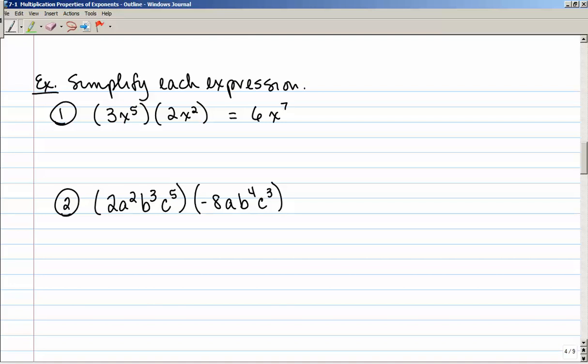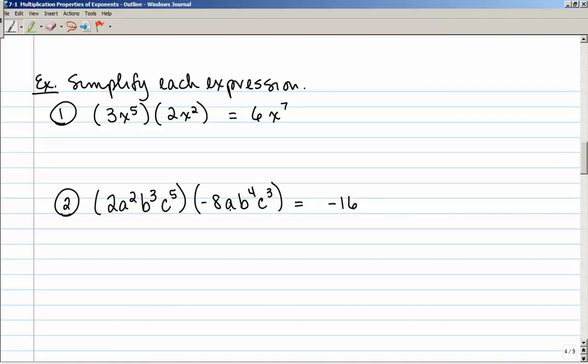Number 2, 2a squared b cubed c to the 5th times negative 8ab to the 4th c to the 3rd. I'm going to start by multiplying the coefficients. That gives me negative 16. And then I'm going to look at my a's. I have a squared times a. That's like a to the 1.